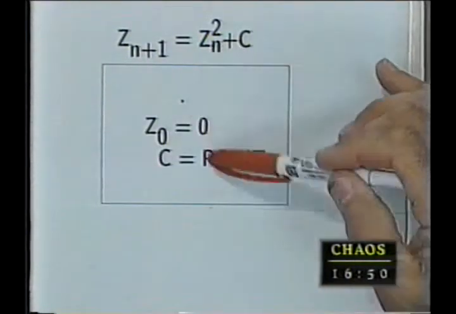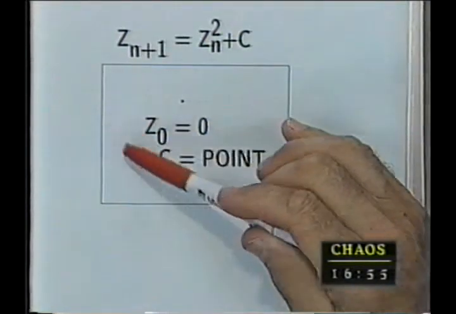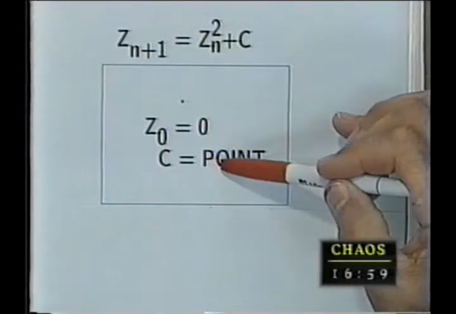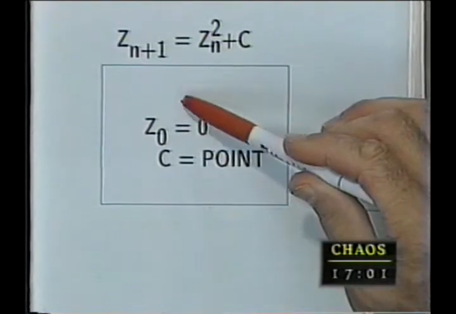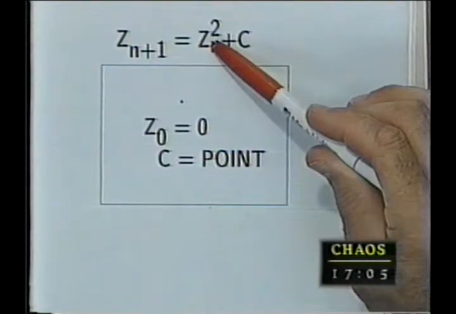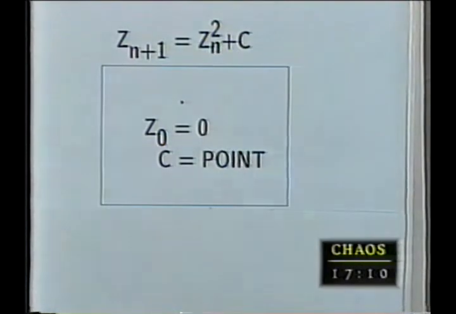For each point, there are many thousands of points, I take one point at a time, and that's the value of c. The z in this equation is 0. Z0 is 0.